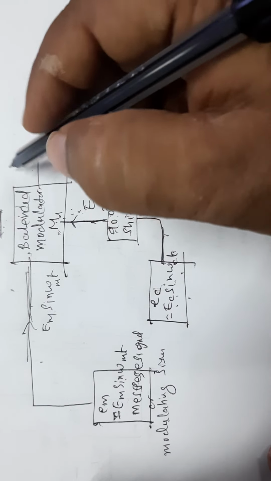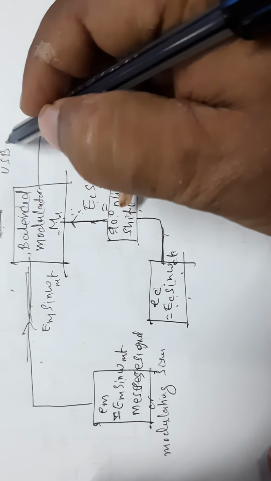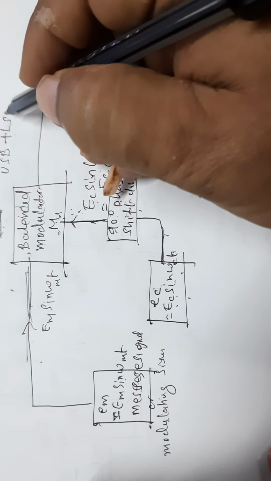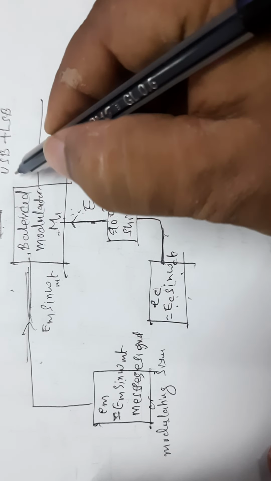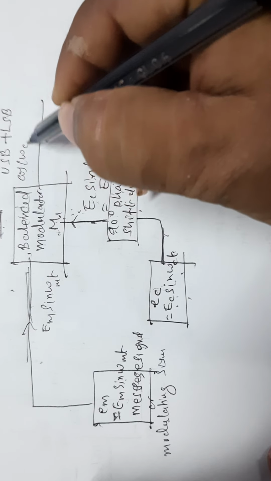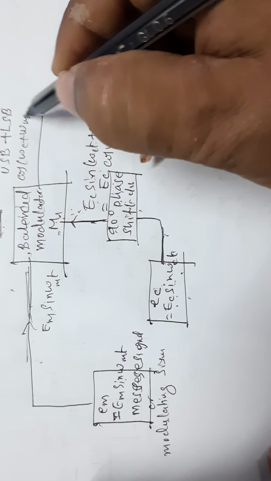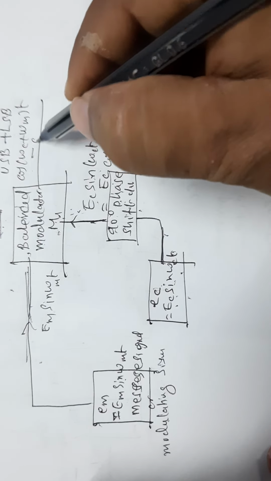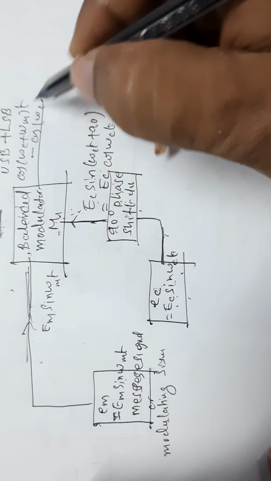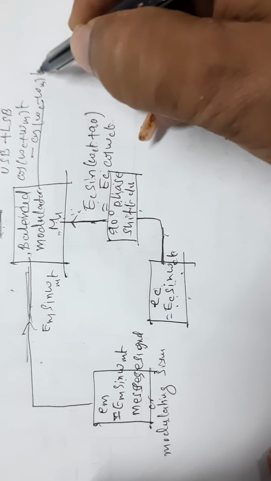Here you have one upper sideband frequency component and another lower sideband frequency component. For example, this is cos of omega c plus omega m into t minus cos of omega c minus omega m into t.